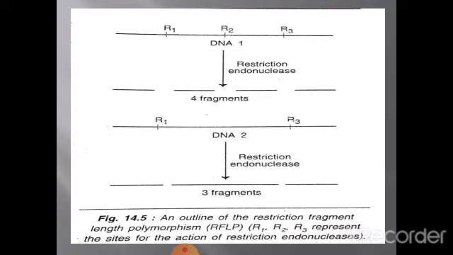Now you can see the bottom part where we have another molecule, DNA molecule 2. The difference is that restriction site 2 is missing. There are only 2 restriction sites. So when you subject this to restriction digestion, how many fragments do you get? You will get only 3 fragments.